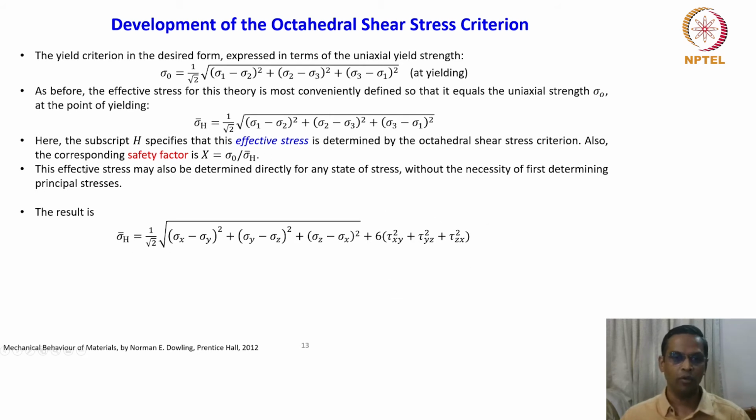So instead of doing this, we can also determine this sigma h bar by directly substituting into this equation. That is why this statement is given: this effective stress may also be determined directly for any state of stress using this expression. So just to give an idea why we looked at the earlier expressions and how it is useful here now to predict the yield criterion. That's why it is shown here.